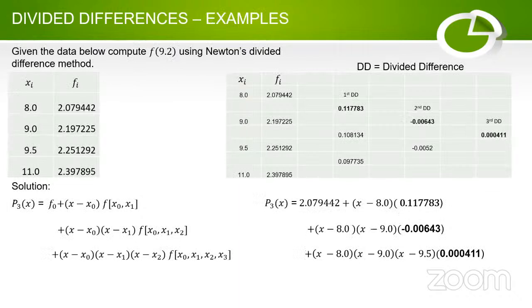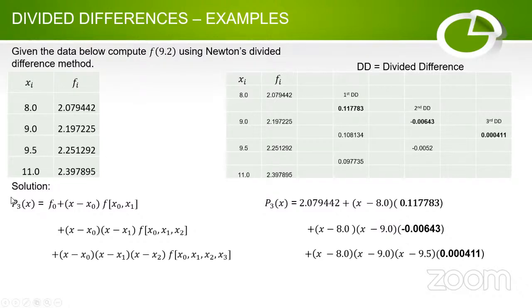So in this example, we are given the data below, and we are asked to compute f of 9.2 using Newton's divided difference method. So we have our xi's and our fi's. So x0 is 8, x1, x2, and then x3. The same thing, f0, f1, f2, and then f3.